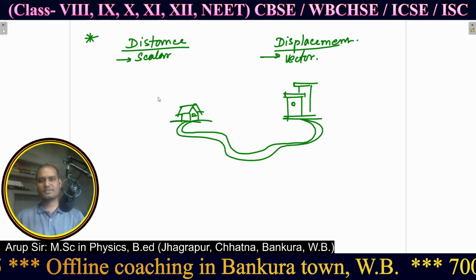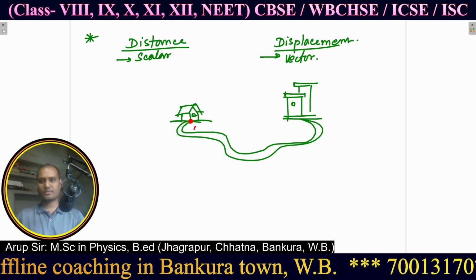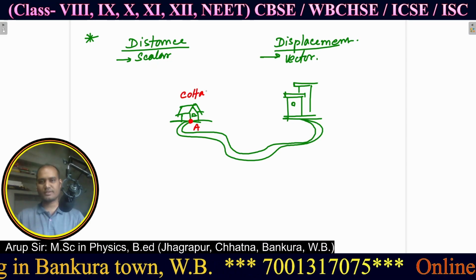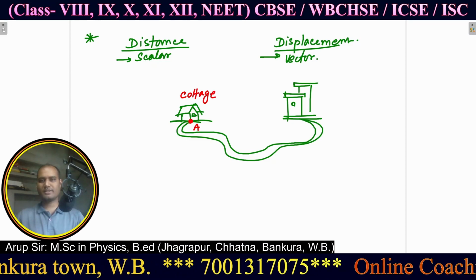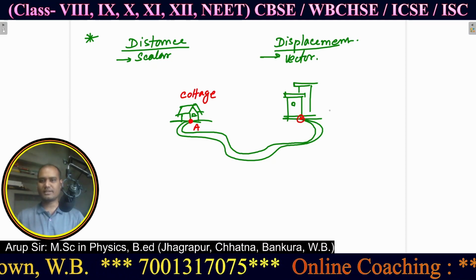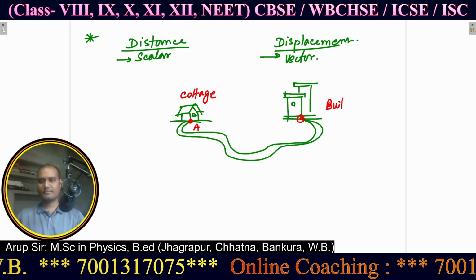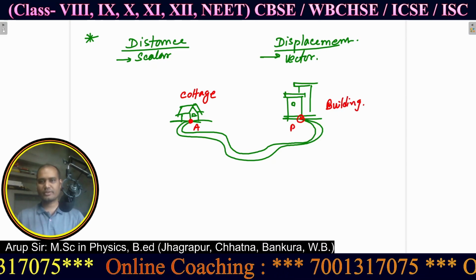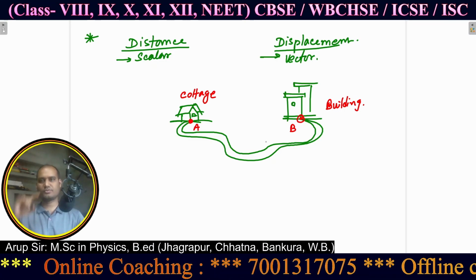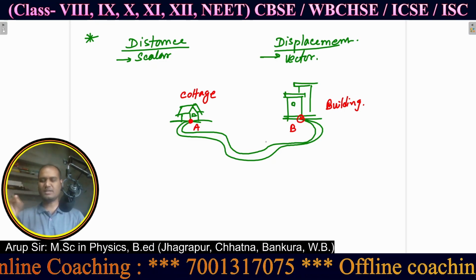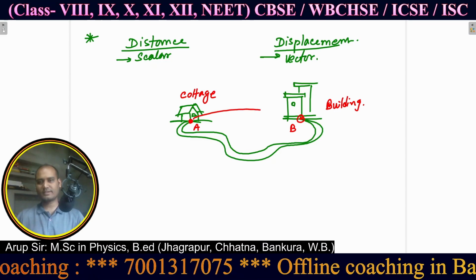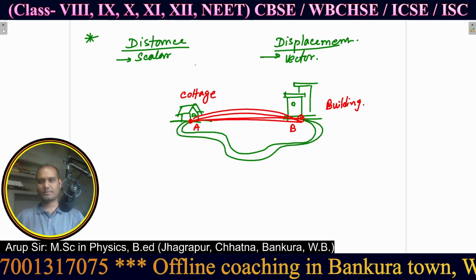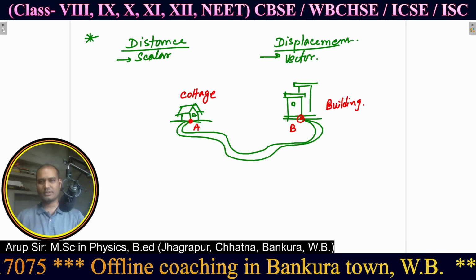So this is the point from which we are starting our movement, and we are going to this building, right? Now what is the fact? The fact is that I am going through this path. It may be like this kind of path, it may be a straight path, anything may be.